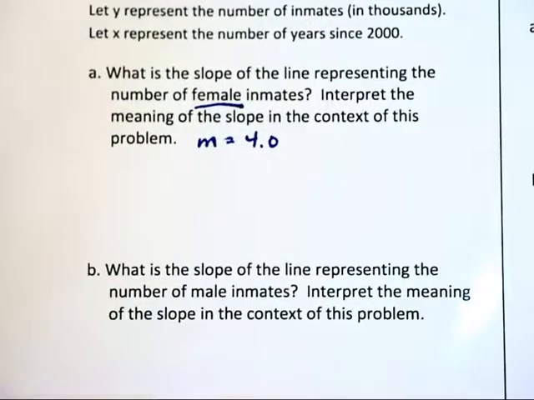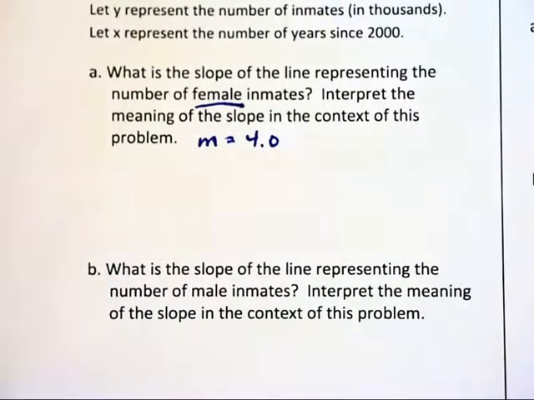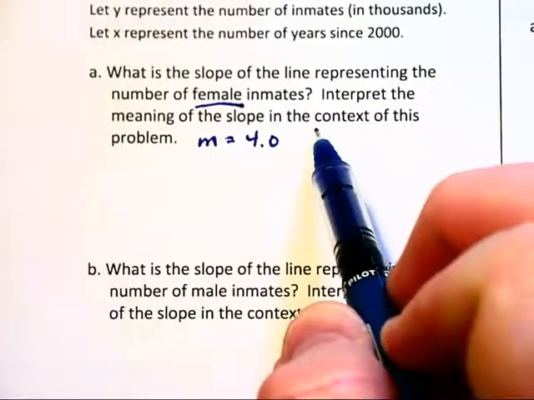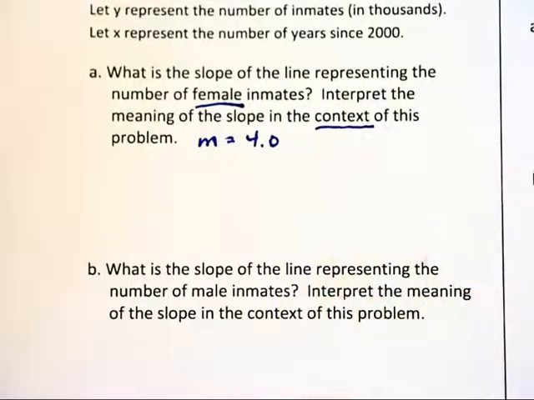Now it asks us to interpret the meaning of the slope in the context of this problem. Now the context means that we have to deal with inmates, we have to have years in there, and when we're talking about the slope we always want to get a rise and a run described somehow in our response.